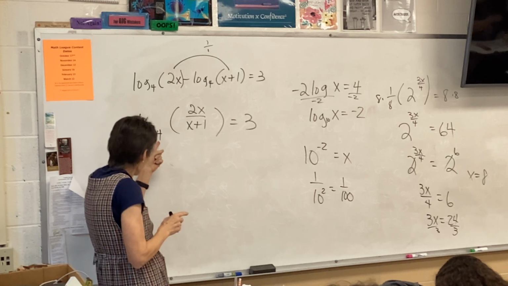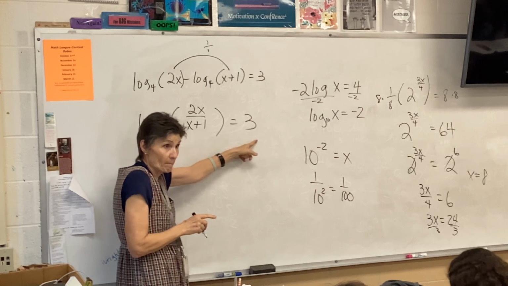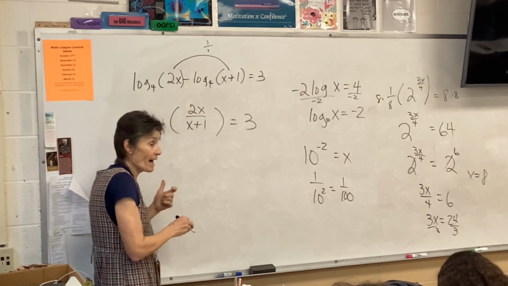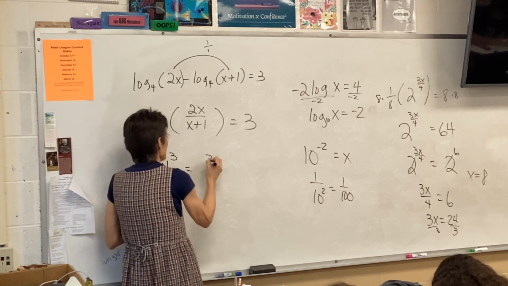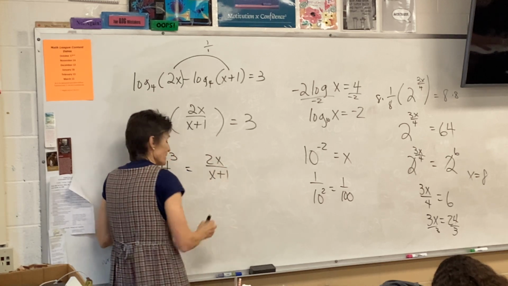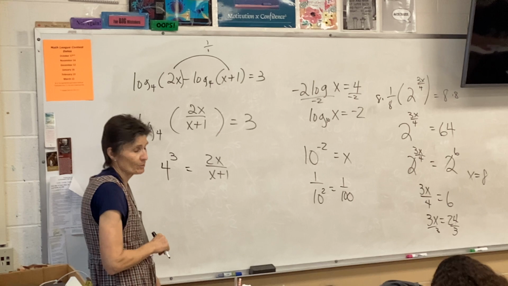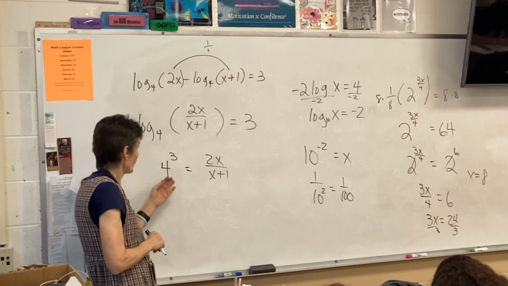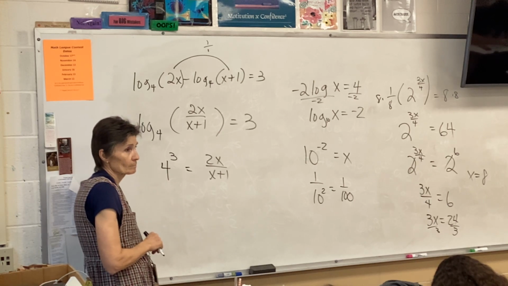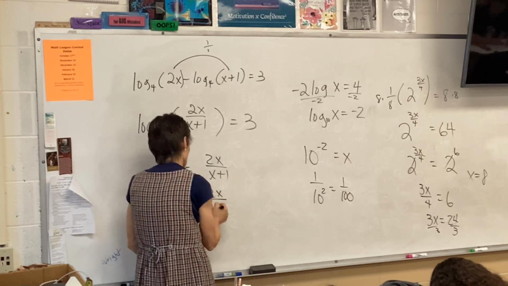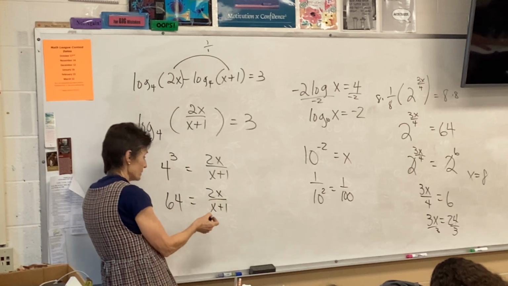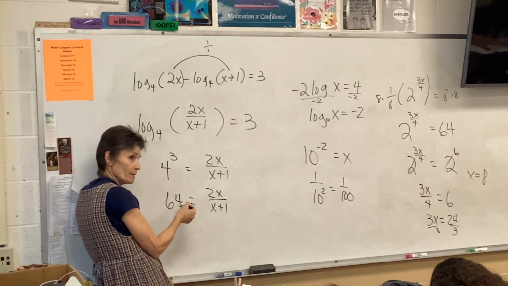Now, I have logarithm equals number, so I'm going to log roll that. So 4 to the 3rd equals 2x over x plus 1. This doesn't frighten me. We can do this. What's 4 to the 3rd? 64. Don't I need to bring this guy over here?